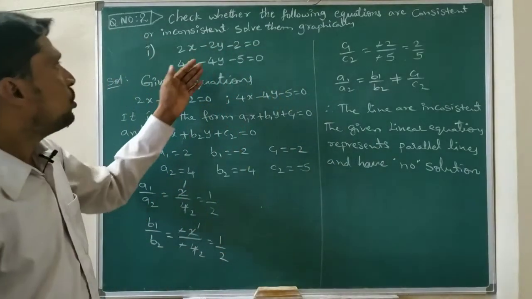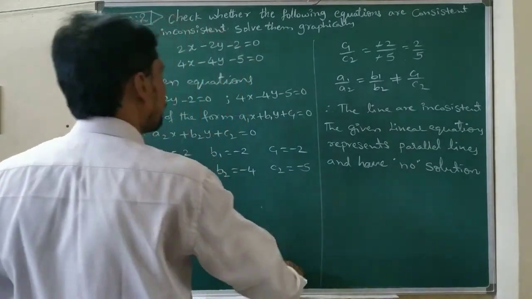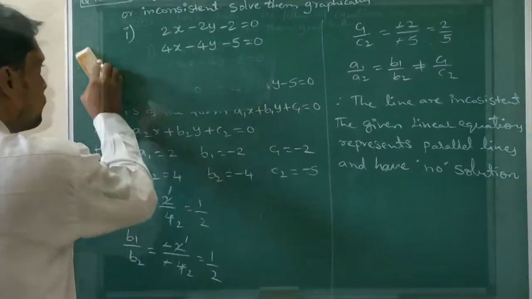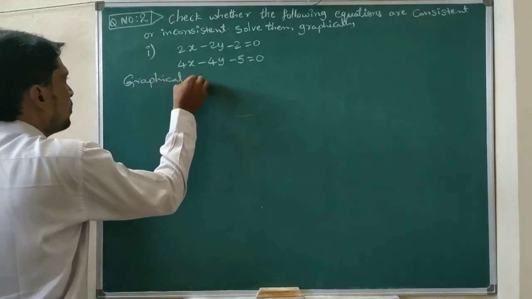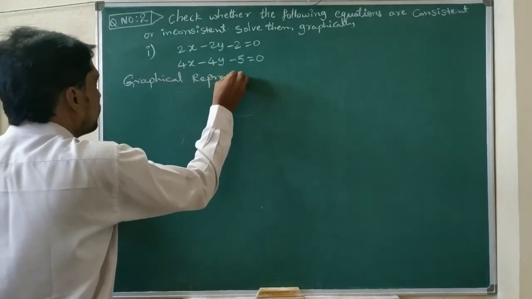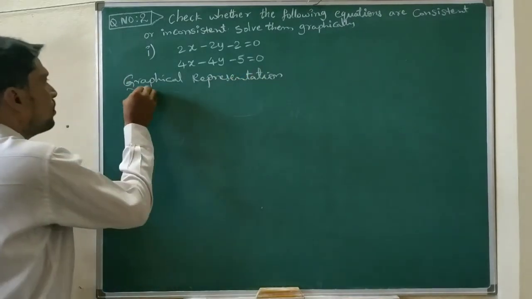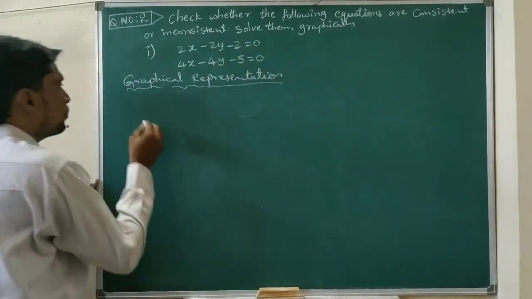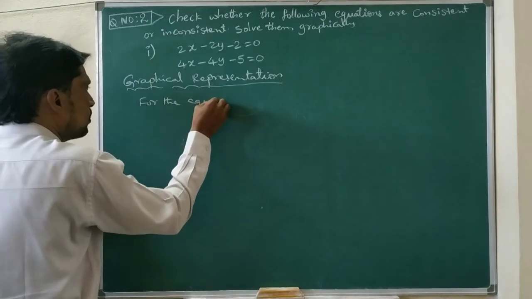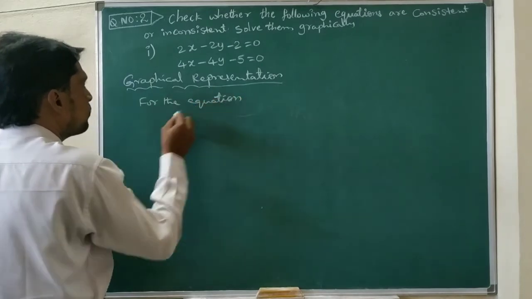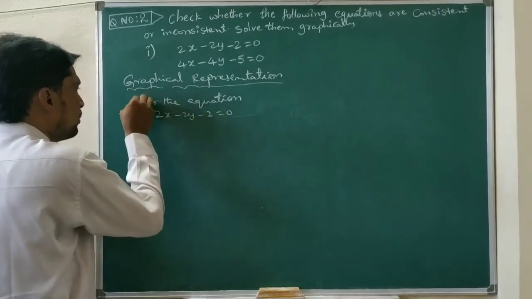Now we need to show this in the graphical representation also. So you can see the graphical representation. So the first equation you can take: for the equation 2x minus 2y minus 2 equal to 0, it is given.